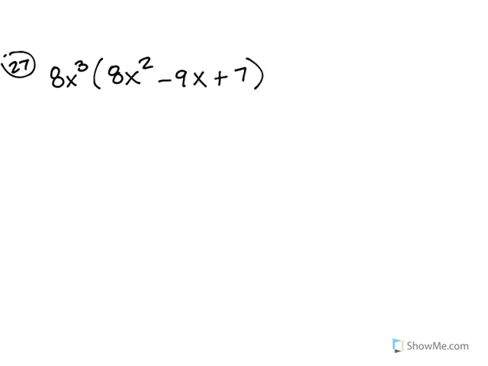Such as like 27, where you have 8x to the third times 8x squared minus 9x plus 7. And when you multiply this 8x to the third on the inside, you're going to multiply the coefficient numbers together, but you're also going to make sure you know that the rule is you're adding your exponents.